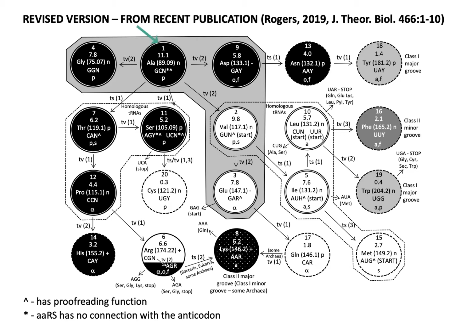Here's the frequency 1, frequency 2, 3 with glutamate, 4 is glycine, number 5 is isoleucine, and so on. A few strange things in here.